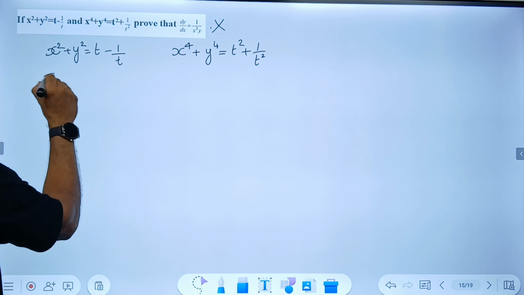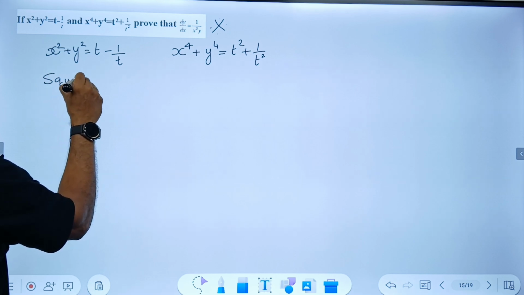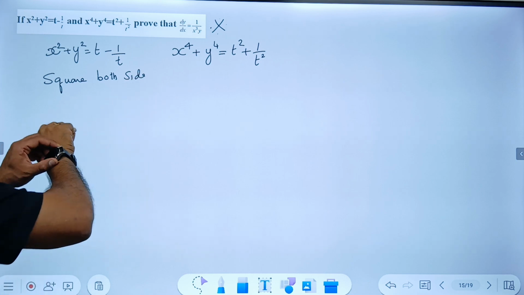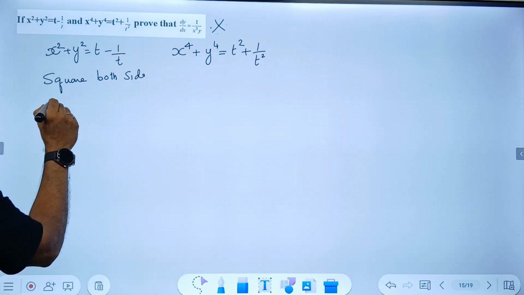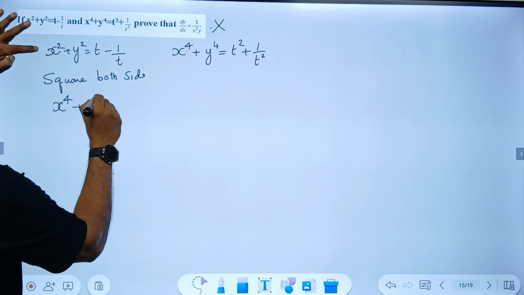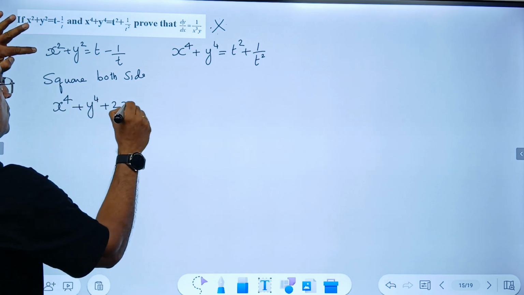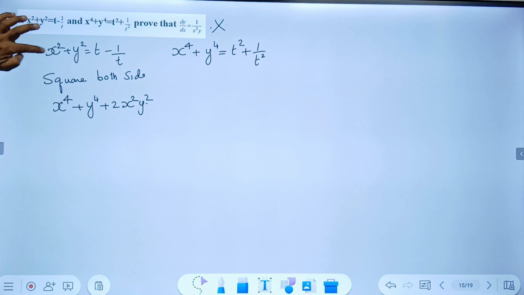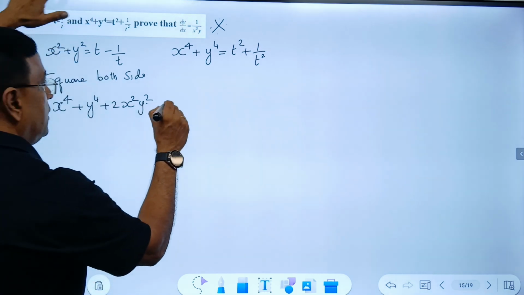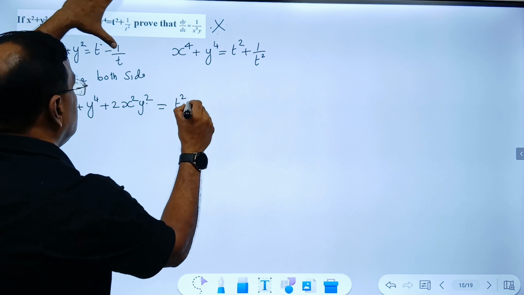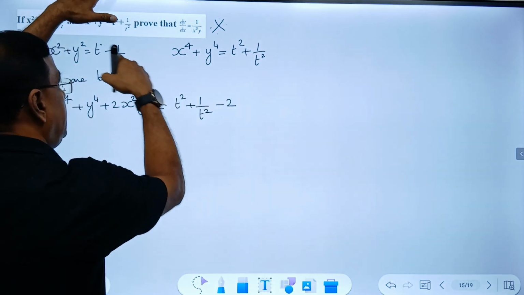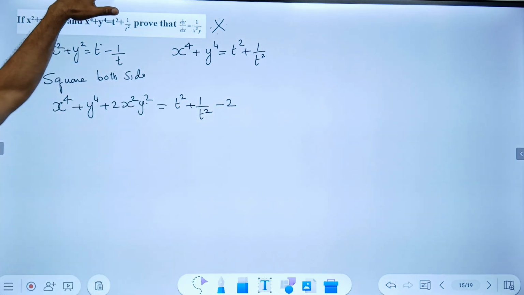Squaring both sides. I will square both sides. Now how do I square both sides? It will be x power 4 plus y power 4 plus 2x square y square. I am using a plus b whole square, a square plus b square plus 2ab will be a square plus b square minus 2ab. ab will be 1, so I am writing 2.